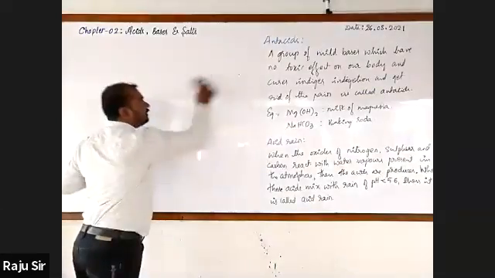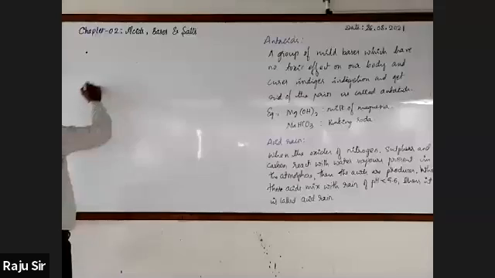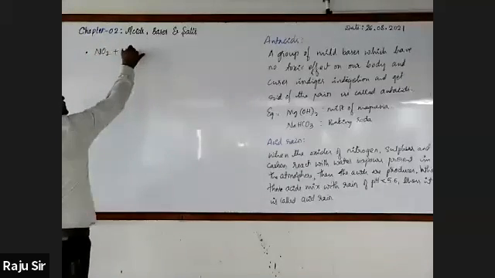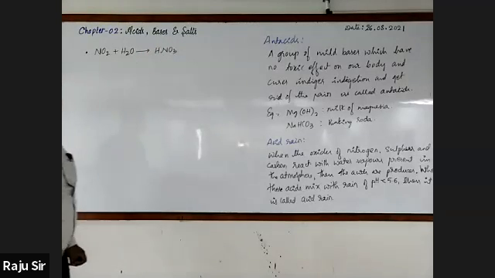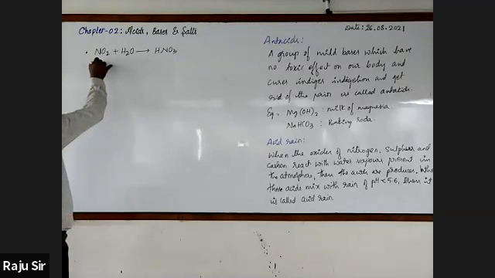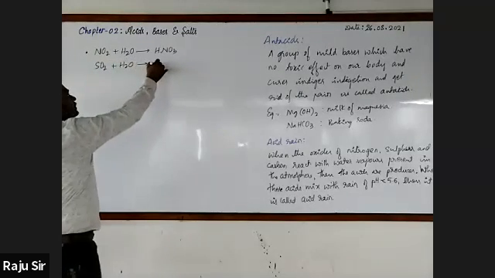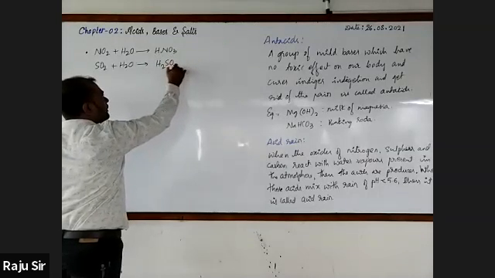And I'll give the chemical reactions. It will be easy for understanding now. When nitrogen dioxide reacts with water vapors in the atmosphere, it produces nitric acid. When sulfur dioxide reacts with water, it produces sulfurous acid, H2SO3.